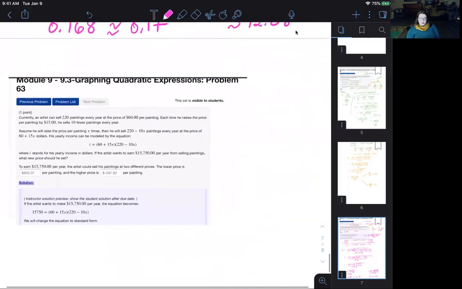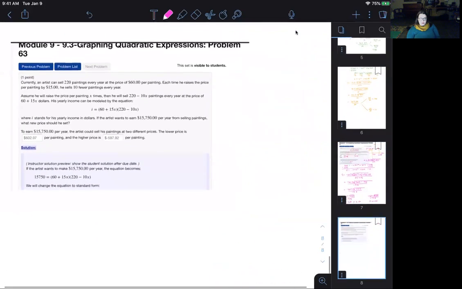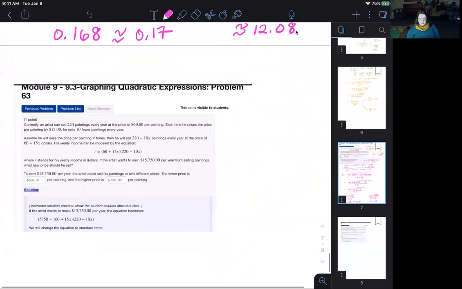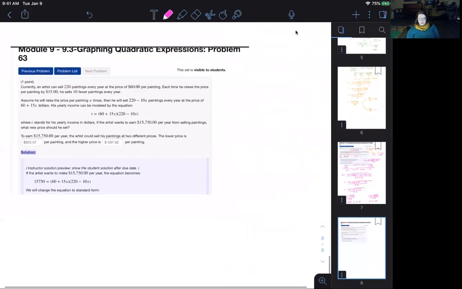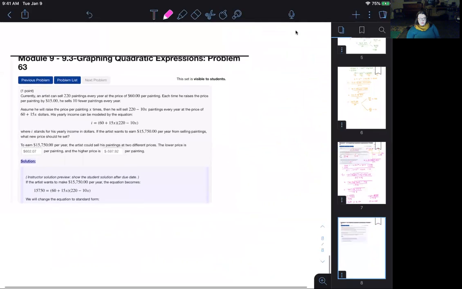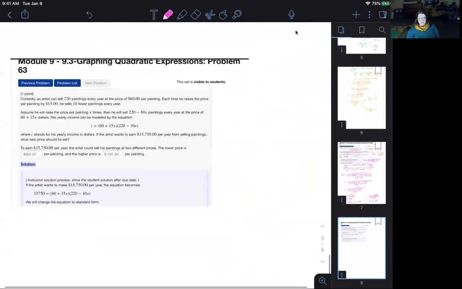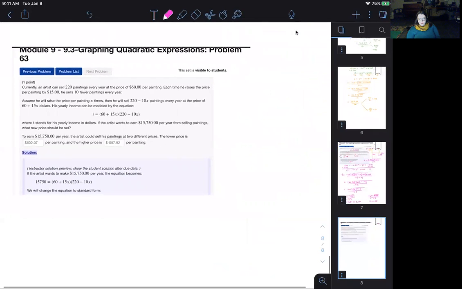Okay, one last problem on Module 9, and this one is problem number 63. Actually, it's very similar to the one we did in 9.2. It says, currently an artist sells at least 220 paintings per year at a price of $60 per painting.